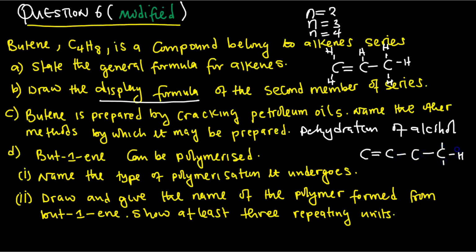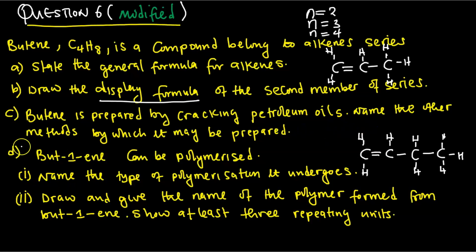Okay, so around it, hydrogen, hydrogen, hydrogen. Here, hydrogen only 1. Here, 2 hydrogens. The double bond is at carbon 1. So it is like this. Okay, let me just remove this part so that we decongest this area.